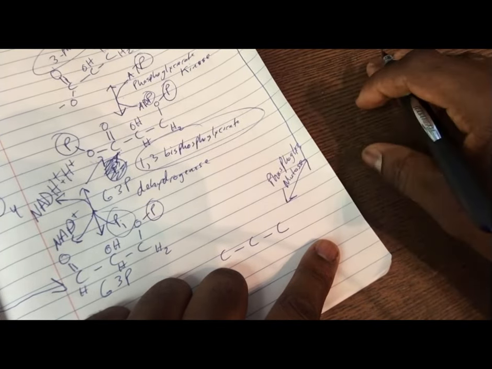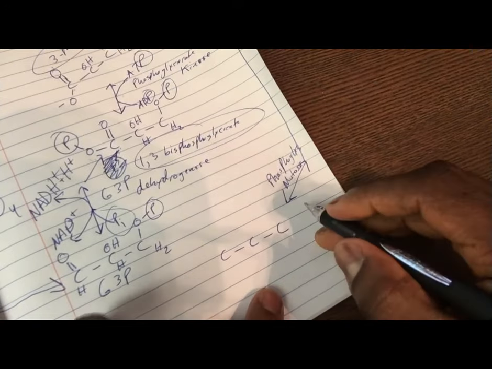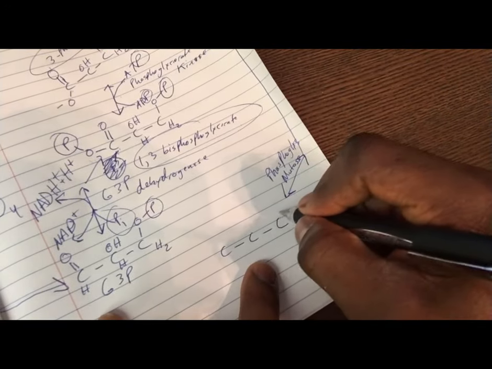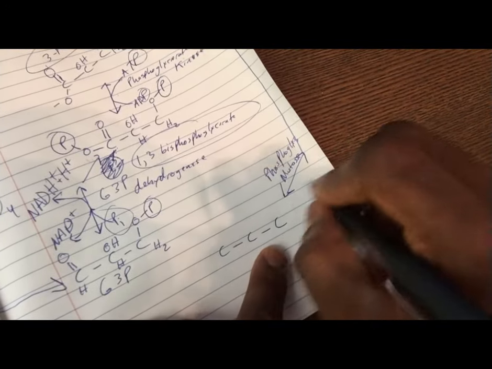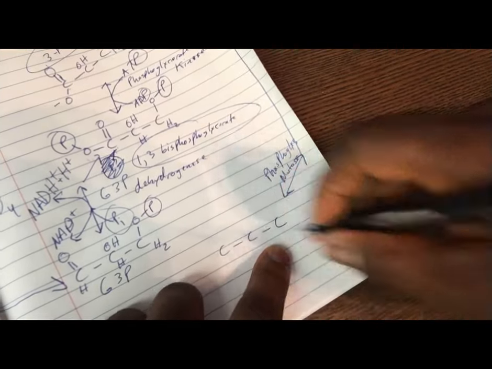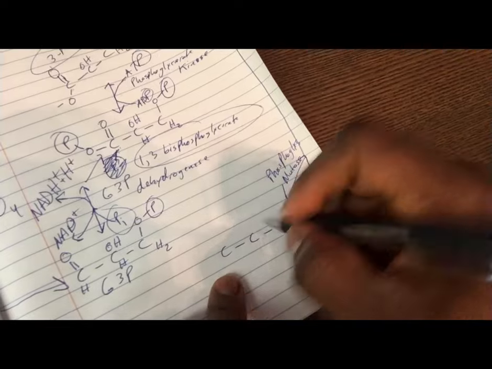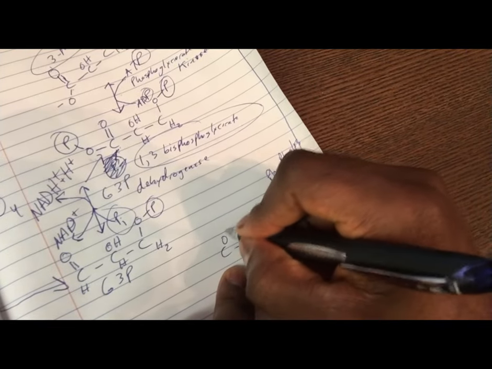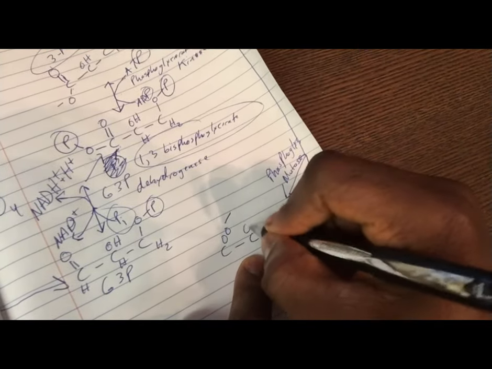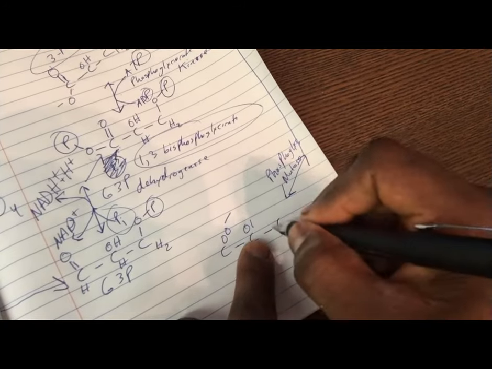We also see a phosphoglycerol mutase. We move that phosphate group from the third carbon to the second carbon.